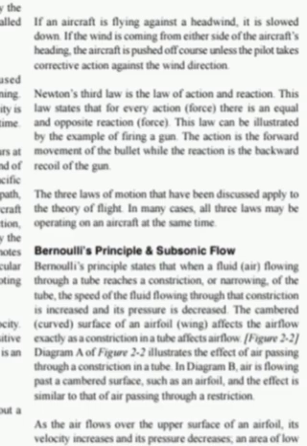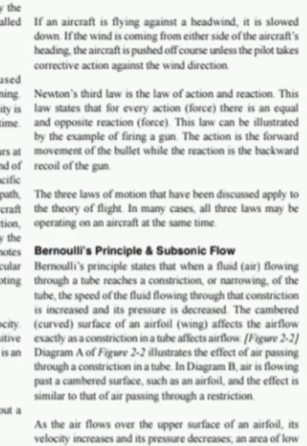Diagram A of Figure 2-2 illustrates the effect of air passing through a constriction in a tube. In Diagram B, air is flowing past a cambered surface, such as an airfoil, and the effect is similar to that of air passing through a restriction.